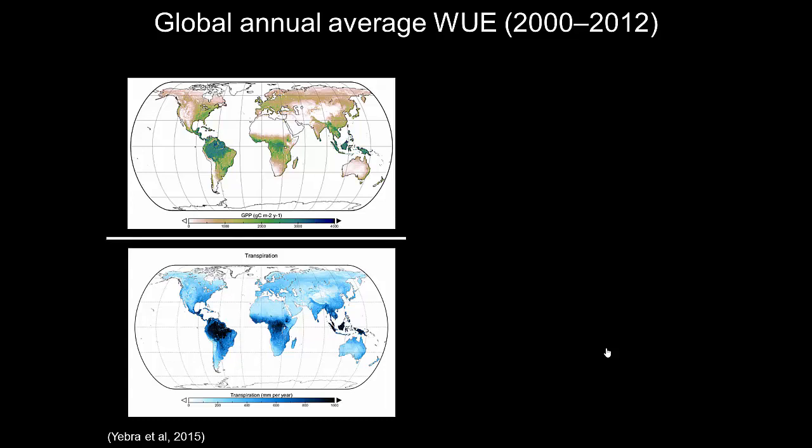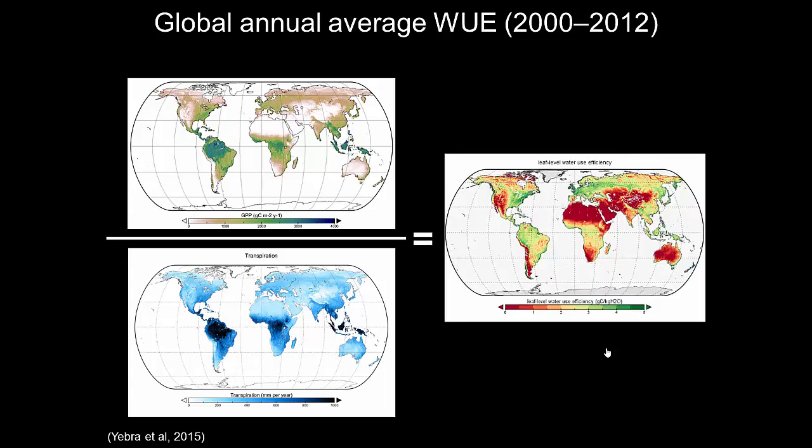Finally, the ratio of these two maps gave us the water use efficiency at a global scale. Just to explain this map, you see that terrestrial water use efficiency increased from low latitudes to high latitudes in both the American and Eurasian continents, and tends to decline after reaching the peak values in the boreal forest.